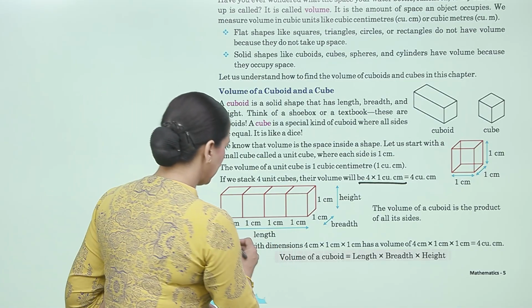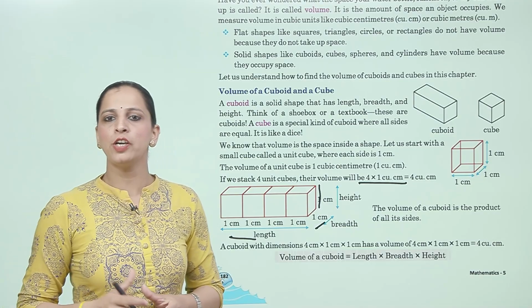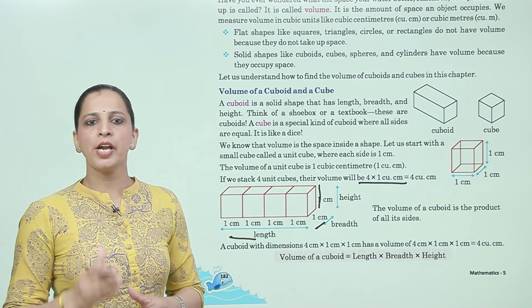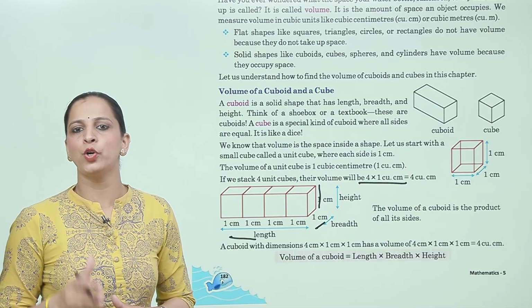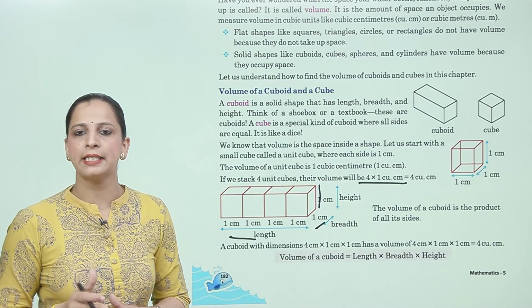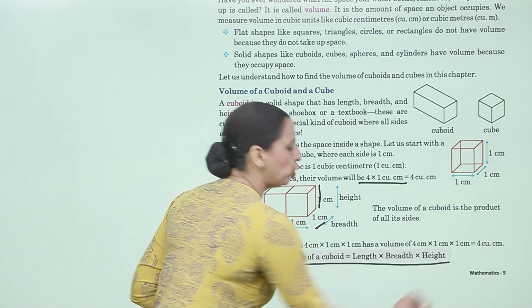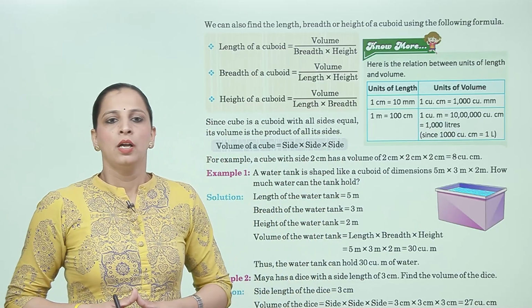So, this is the length, this is the breadth and this is the height. The volume of a cuboid is the product of all its sides. A cuboid with dimensions 4 into 1 into 1 has a volume of 4 into 1 into 1 centimeter, that is 4 cubic centimeter. So, volume of a cuboid is length into breadth into height.